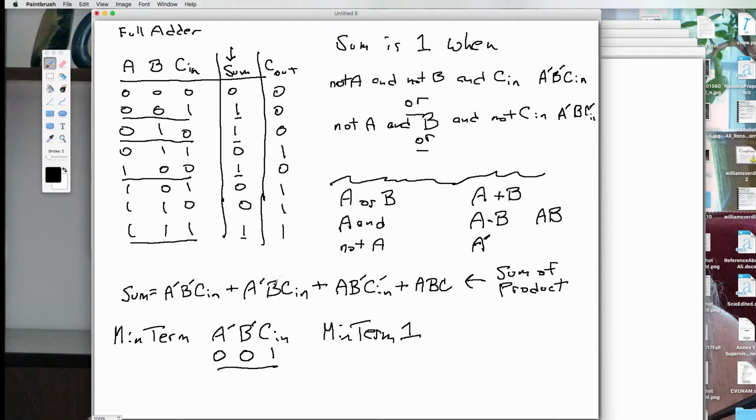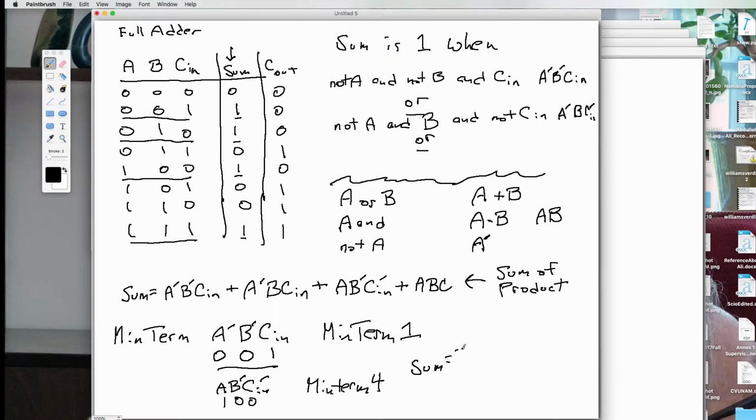If I were to come over here and look at A, B prime, C in prime, well, that's 1, 0, 0, and that would be 1, 2, 4. That's the minterm 4. So another way to write sum here is to say that sum is equal to minterm 1 plus minterm 2 plus minterm 4 plus minterm 7.